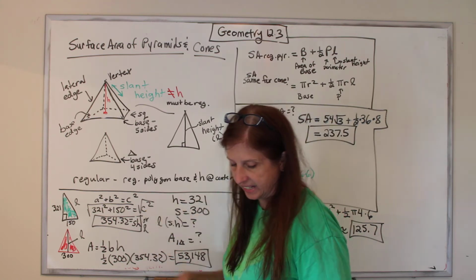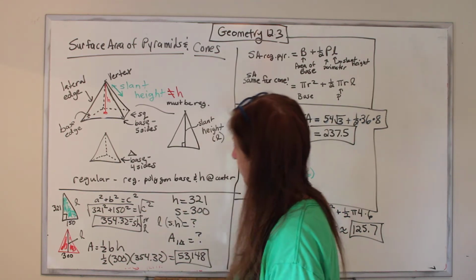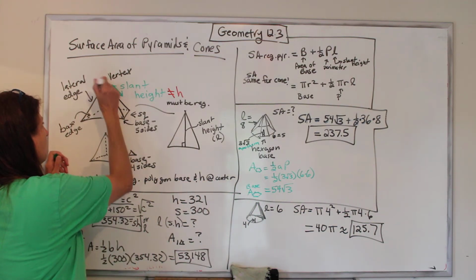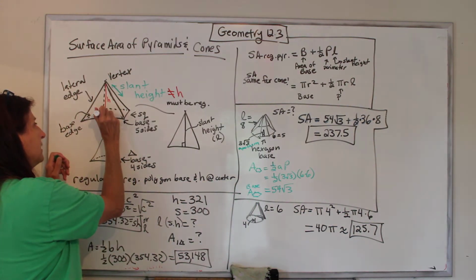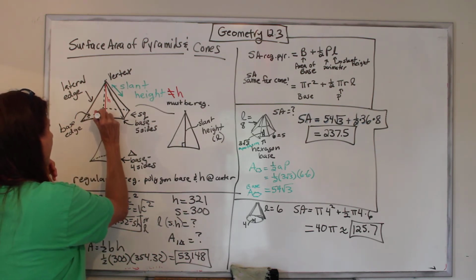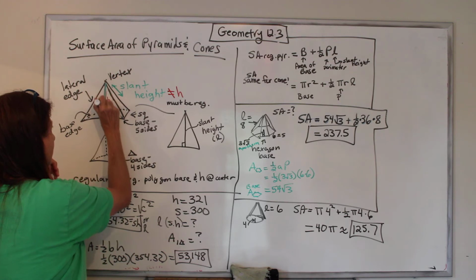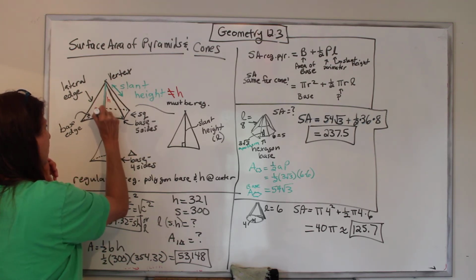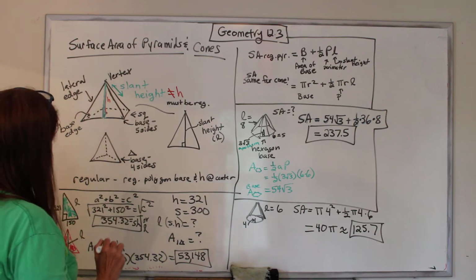It's also C here. Now let me show you where this came from. If on this pyramid we went out from the center part to the edge and then went back up along the slant height, you're looking straight on at this.